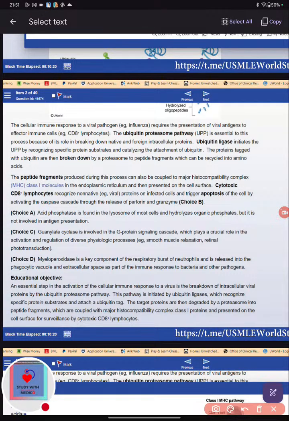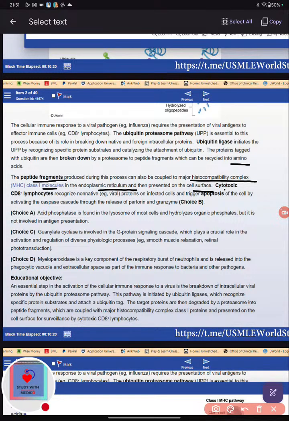So these can be coupled to MHC class 1 in the endoplasmic reticulum, and then presented on the cell surface.